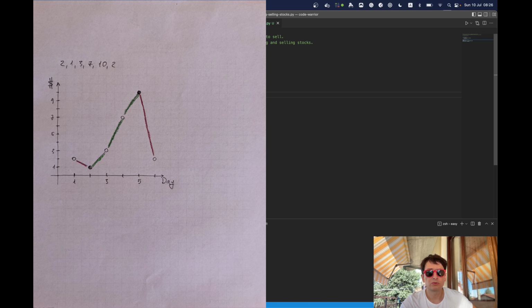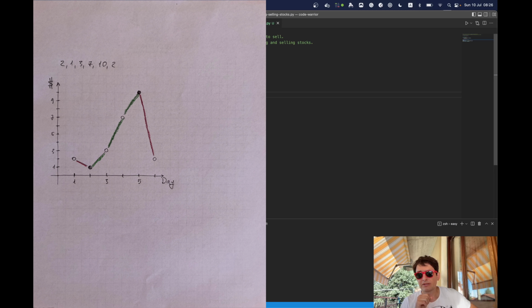Okay, so what do we want to do to approach this problem? Well, of course we need to iterate through the array of prices, and we must keep tracking and updating the minimum price, and we must calculate max profit, which is basically price minus the minimum price we've seen, and in the end we return the max profit.